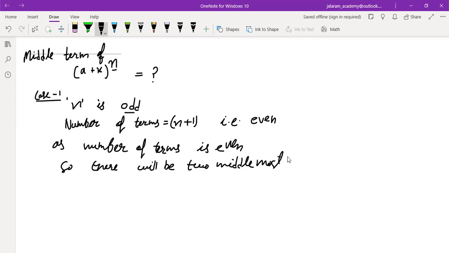Is that clear to you? Yes, sir. Number of terms is n plus 1, that is even. As the number of terms is even, there will be two middlemost terms.